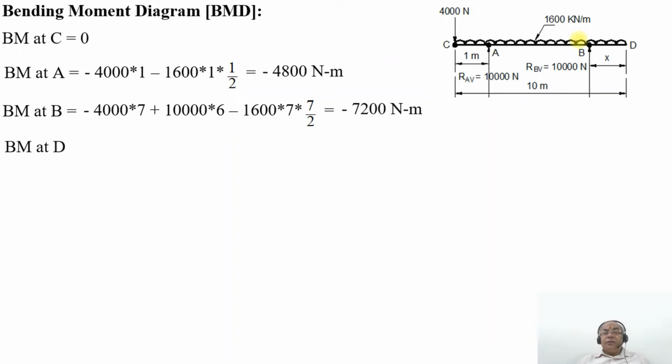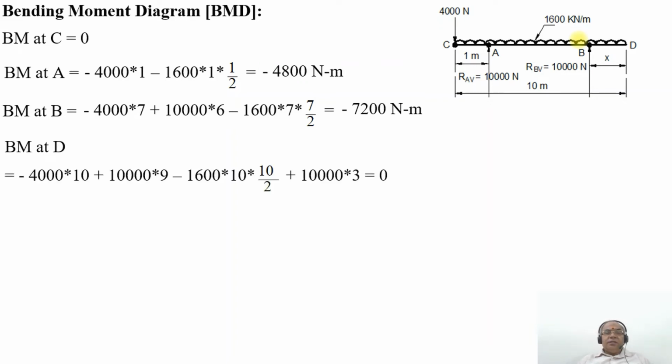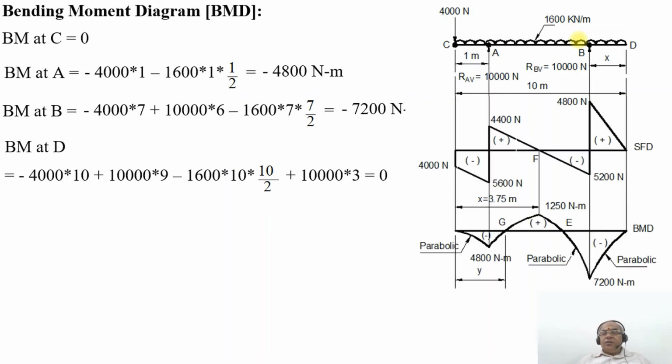BM at D will be equal to minus 4,000 into 10 plus 10,000 into 9 minus 1,600 into 10 by 2 plus 10,000 into 3, which will be equal to 0. So this is how you will be able to get this bending moment diagram.